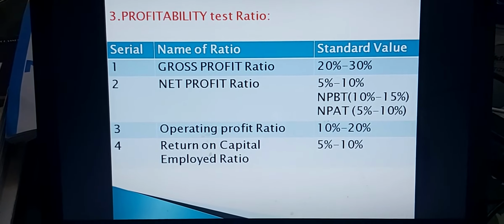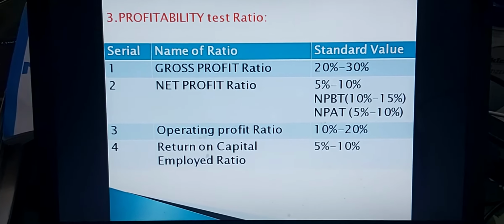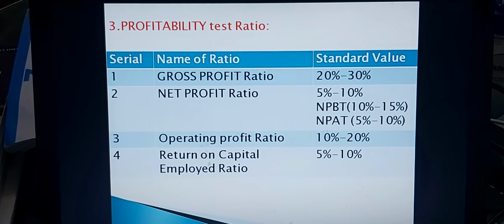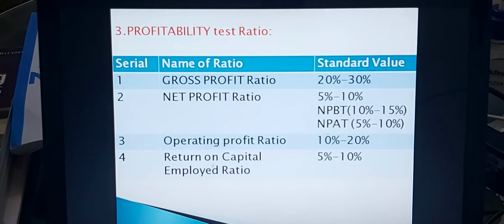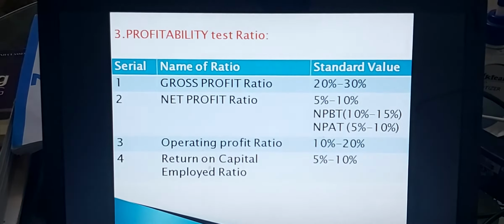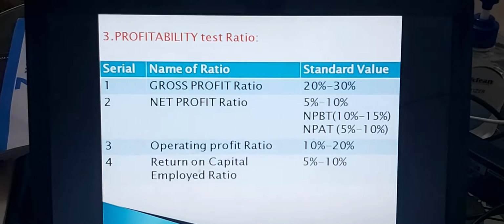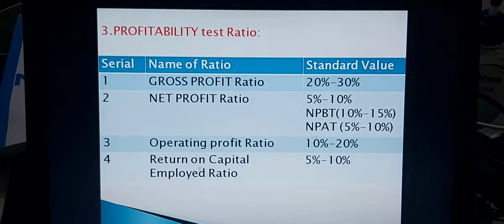Third one, operating profit ratio, 10% to 20%. Number 4, return on capital employed ratio, 5% to 10%. This is the standard. Okay, dear students, you can write it in a hurry.